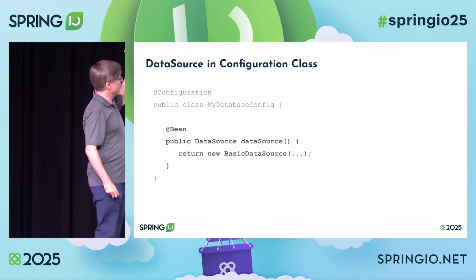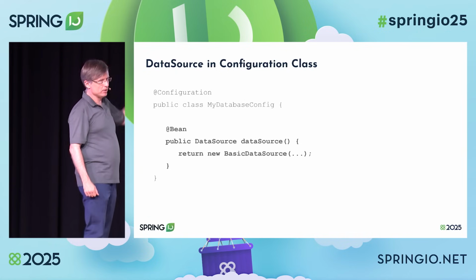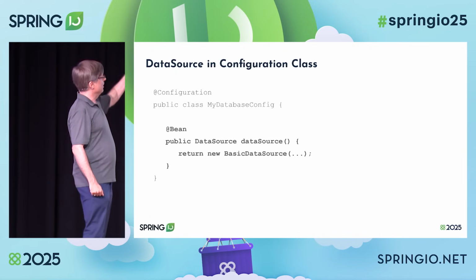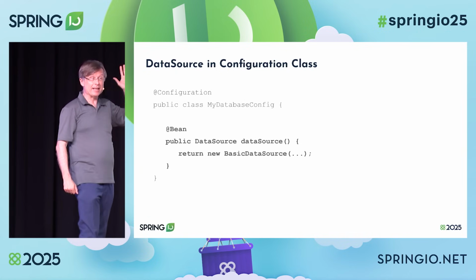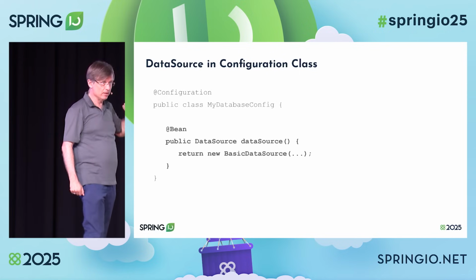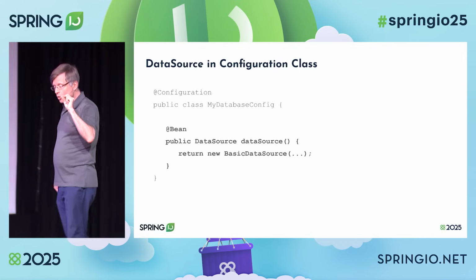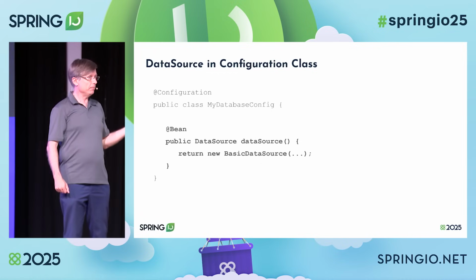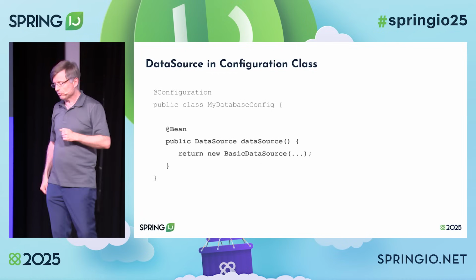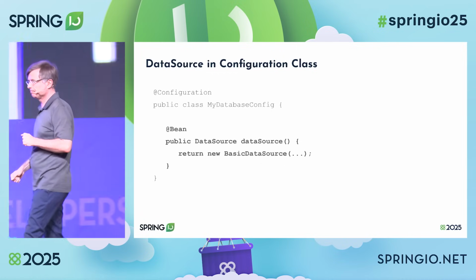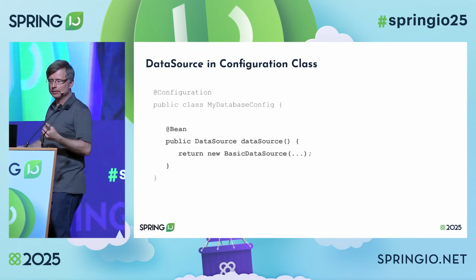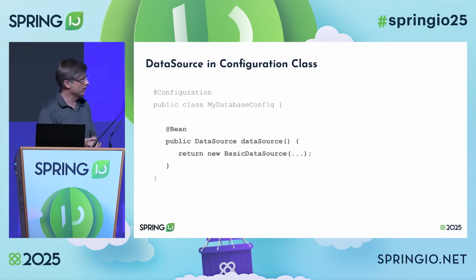It knows that the name by default is data source, it's the method name. It knows the expected target type, which is the return type here, data source. It knows how to construct a bean of that type, because it needs to call that factory method, right? That's how it operates. Standard configuration class behavior.